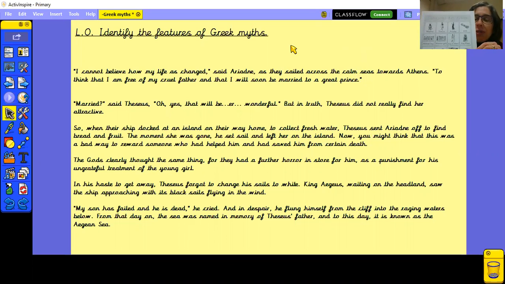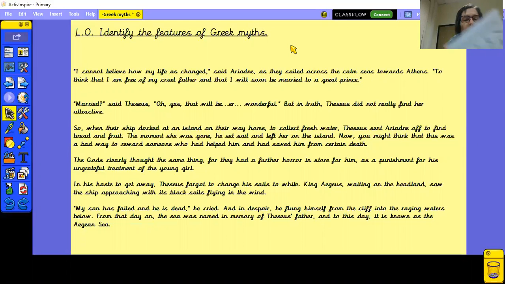You can use the different characters to retell the story. If you can't print it, no worries. Just have a look at the characters on Dojo and just draw them on some cards. So obviously the main characters that you need to have are the Minotaur, Theseus, Ariadne, King of Athens, King Minos, maybe different places as well.